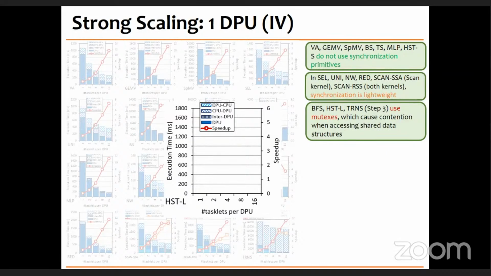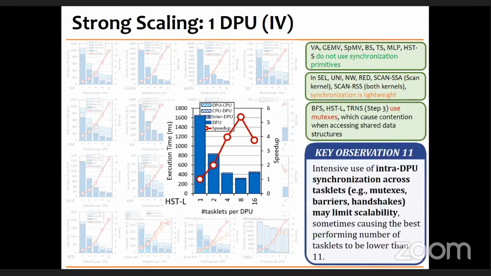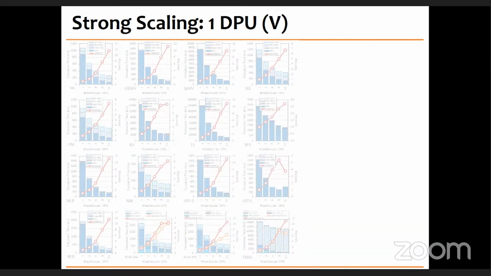That's why we use a mutex here. And then the problem with using mutexes is that this limits the scalability. And you see how the performance with 8 tasklets is better than with 16 tasklets. But it's because of the use of this synchronization primitive, this mutex in this case.